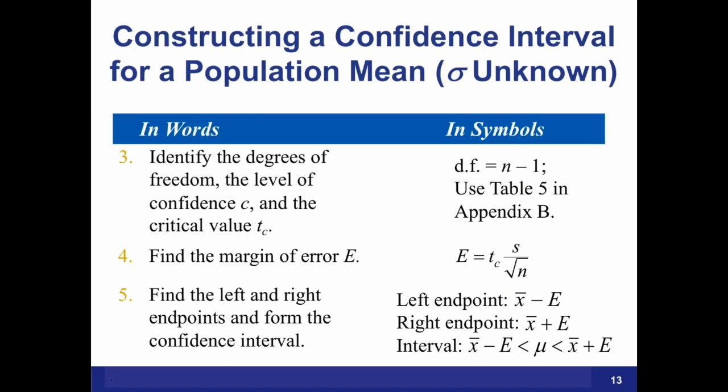Then you will say with a certain level of confidence the population mean will be contained in the interval, and the interpretation is the same. If we build several intervals using this procedure, then about C% of those intervals will contain the population mean.